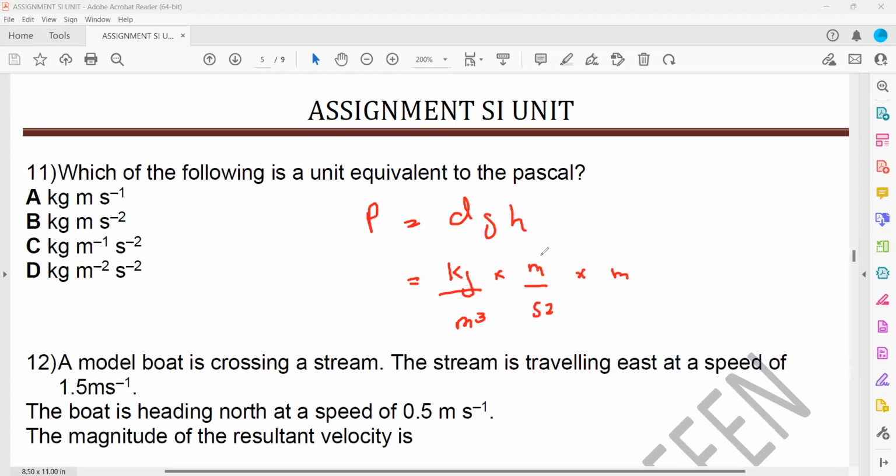When we simplify, meter cancels with two of them, so we are left with kilogram over meter, second square. Both move to the numerator, so it turns out to be kilogram, meter raised to power -1 and second raised to power -2. So kilogram meter minus 1 second minus 2. So option C will be the valid answer.